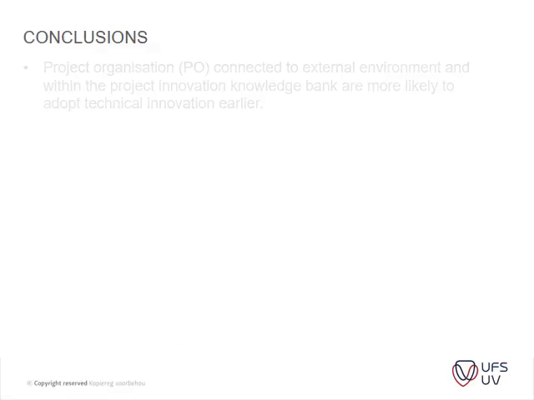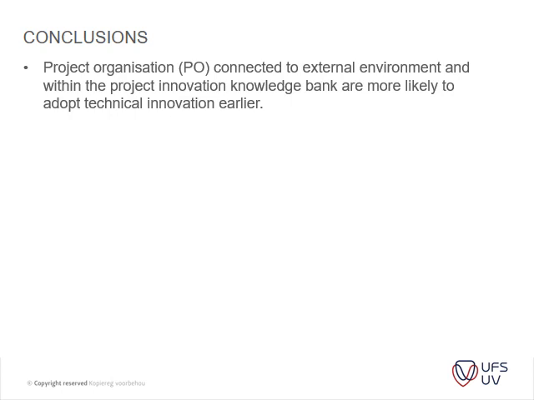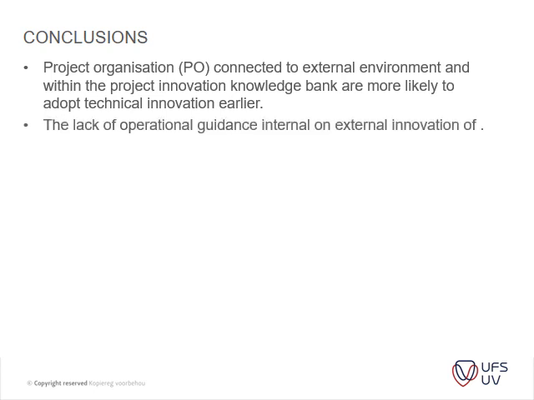Then the final conclusion is that project organizations connected to external environments and with a project innovation knowledge bank are more likely to adopt technical innovation earlier. The lack of operational guidance, internal or external, on innovation, basically the guidance on how to adopt innovation, is a bit of a challenge.